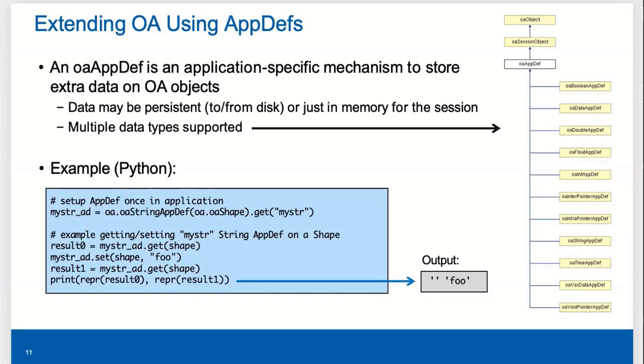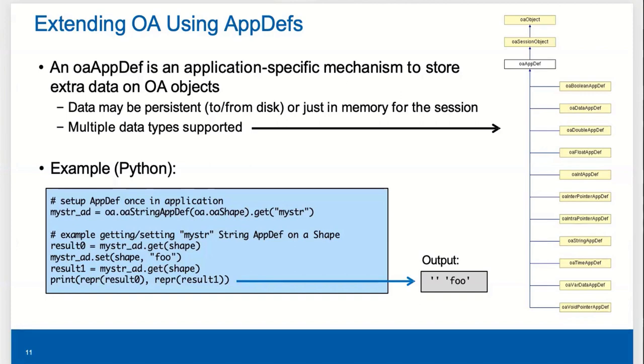So you can essentially extend the object types to have payloads. Those payloads can exist persistently, meaning they would be saved to disk and read back from disk, or you can have it in memory only if you just needed something for the session.